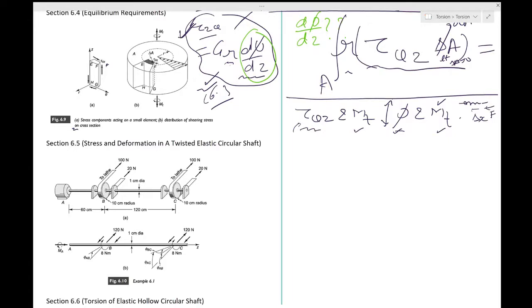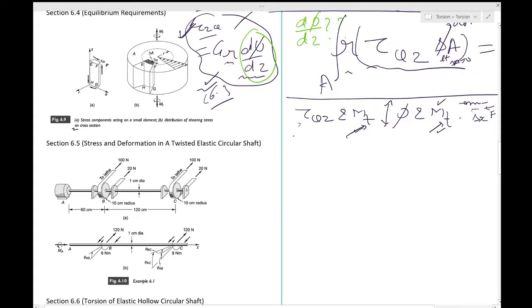We would know how much shear stress would be generated only once we have a relationship with Mt, because this is what you apply and this is what you get. So both of these should be in a desired range. It should not be very high or very low depending on the need.